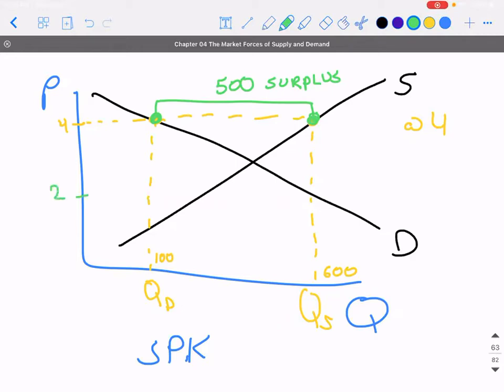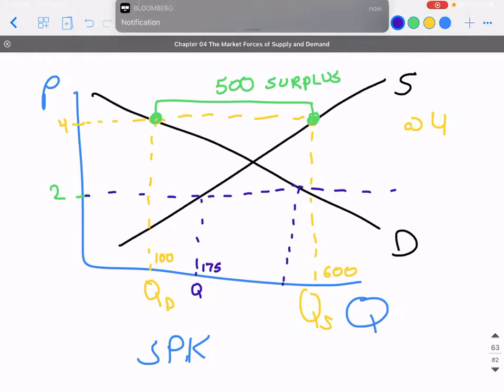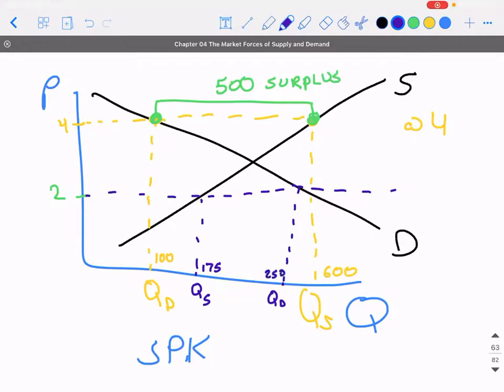At the price of $2, the quantity demanded, let's say that that's 175. Quantity demanded, let's say is 250.